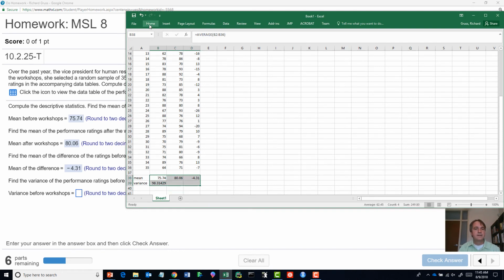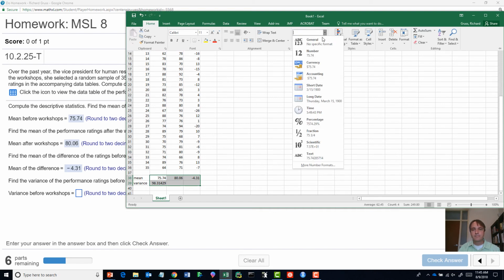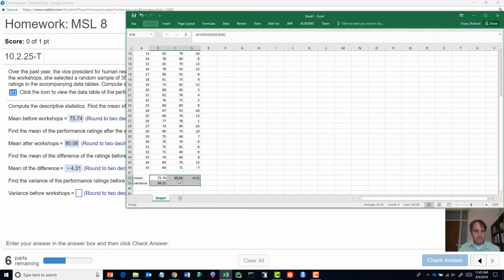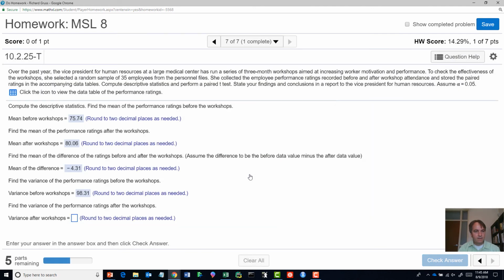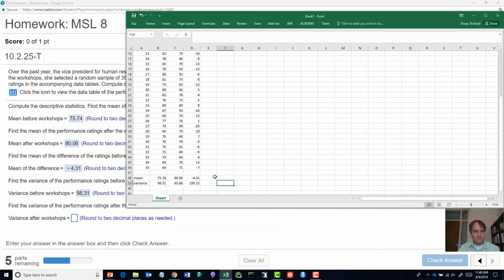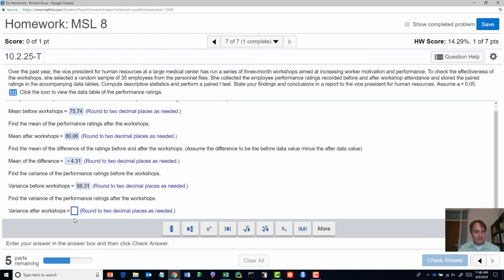So we'll copy this over, so all the different variances. So before, 98.31, and variance after, 63.88.